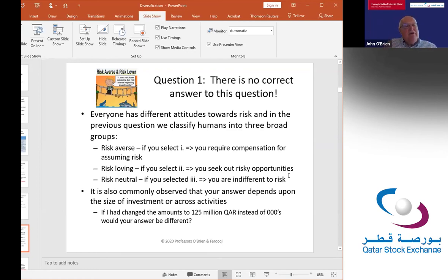That may have increased, I didn't ask this question, but that may have increased the percentage of risk averseness, because what we find with human beings is that as the money gets bigger, a lot of human beings tend to become more risk averse. So they tend to be risk loving for lower amounts, risk averse for higher amounts.